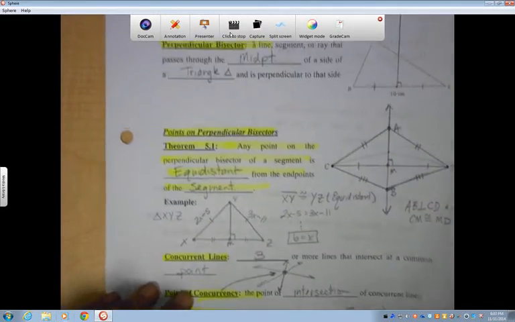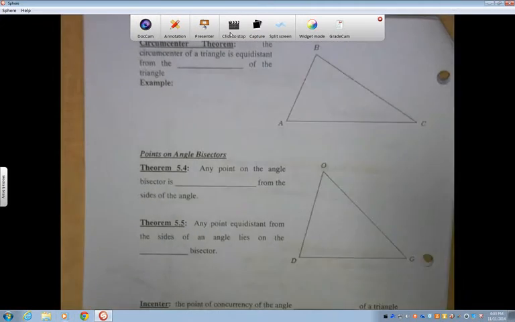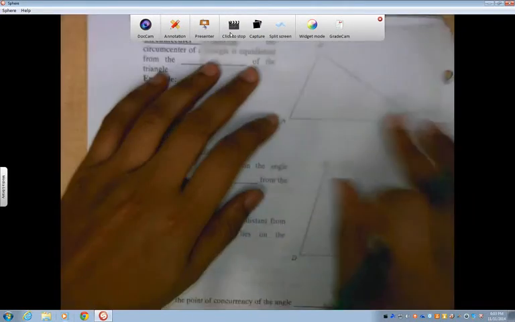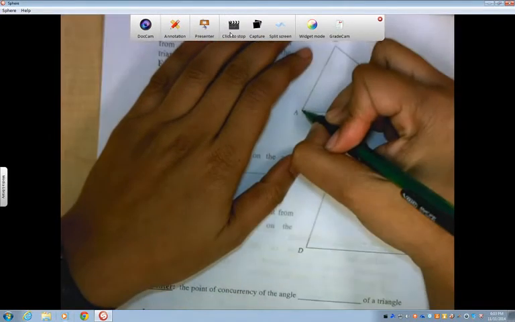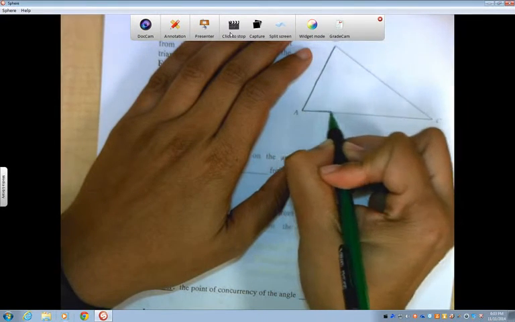So on the other page, if you flip it over, I just want to look at this theorem real quick. So if I have a perpendicular bisector, what I'm going to do is create the perpendicular bisector of every side. And I'm going to use my patty paper. I'll probably just show this with the patty paper, because I know I'm going to be pressed for time.